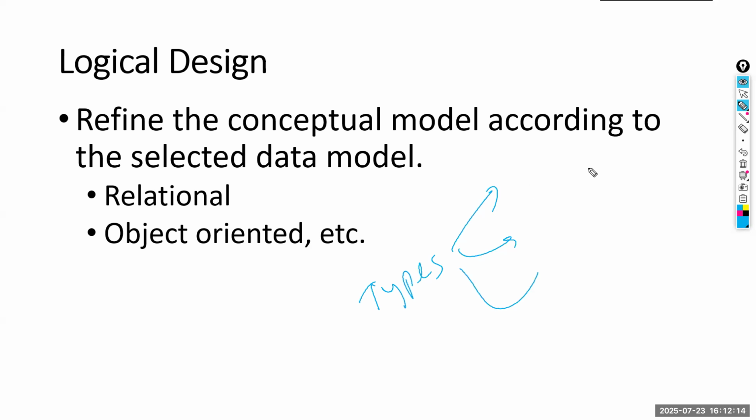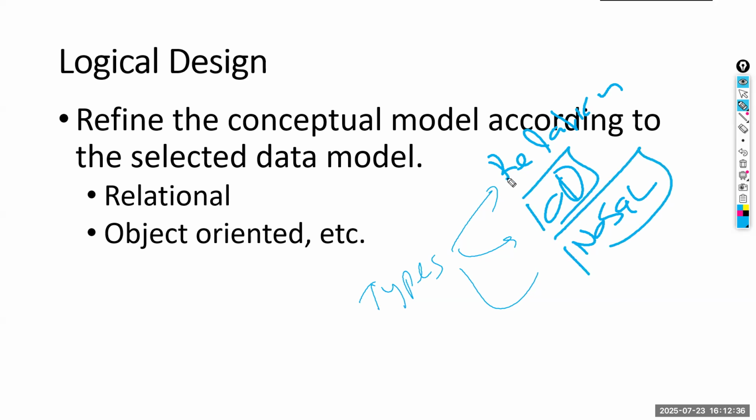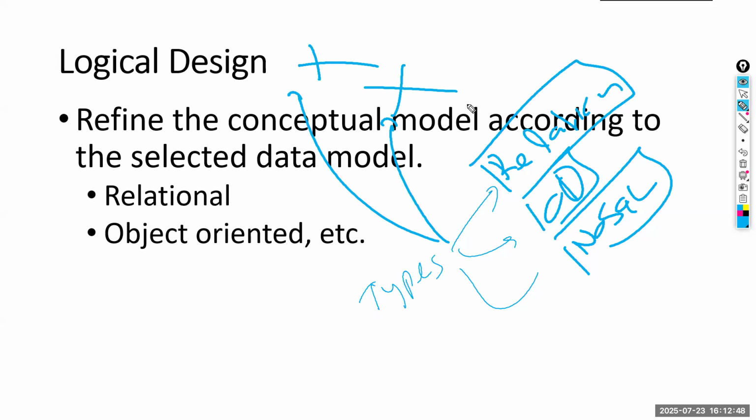Most widely used these days is relational. We discussed that. Okay. Relational, object oriented, NoSQL database. NoSQL is a type of database. Object oriented database is a type of database. Relational is a type of database. Similarly, in early days we had network databases and hierarchical databases, but anyway, we don't use those anymore.